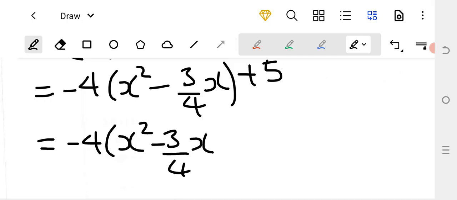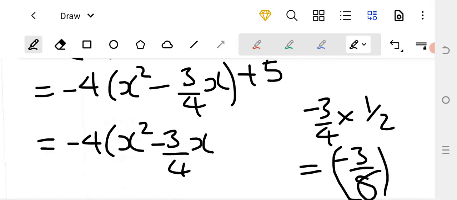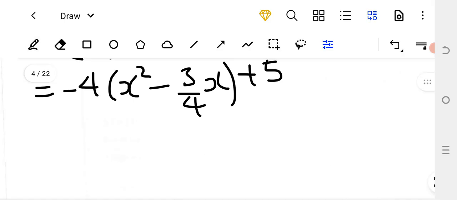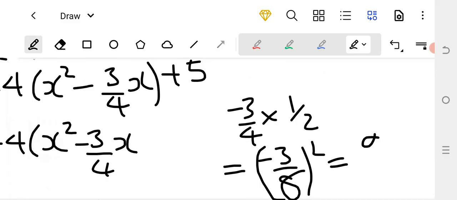Negative 3 over 4 is the b, so you're going to half. So negative 3 over 4 multiplied by 1 over 2, it's the same as dividing by 2. You're going to have negative 3 over 8. Then if you square it, you're going to have 9 over 64.